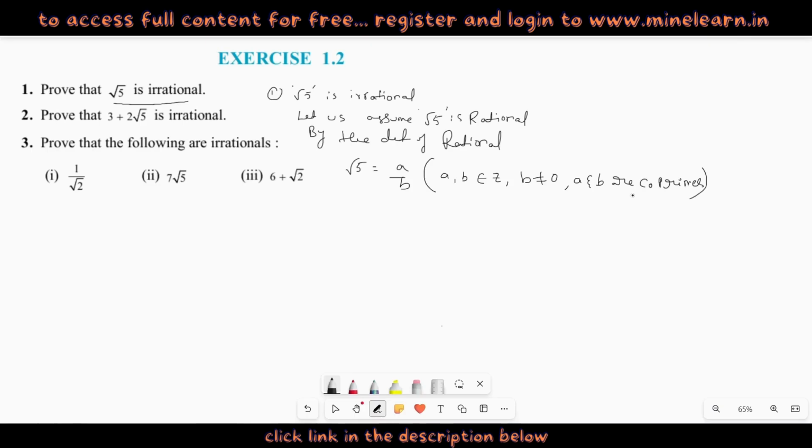Mainly we are going to use that a and b are co-primes. Already we learned this in the example.